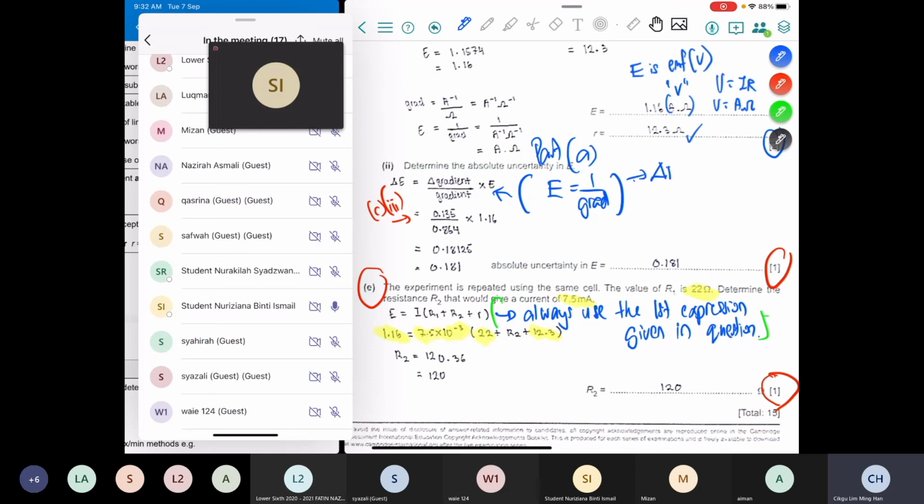You want to find the uncertainty E over E, which must be equal to uncertainty gradient over gradient. Therefore, uncertainty E will be uncertainty gradient over gradient times E.